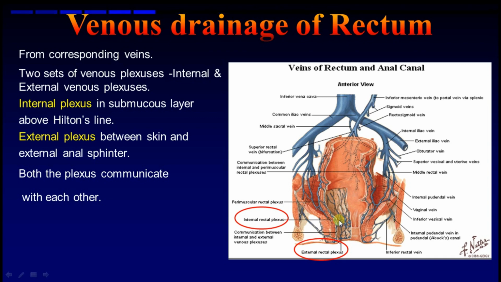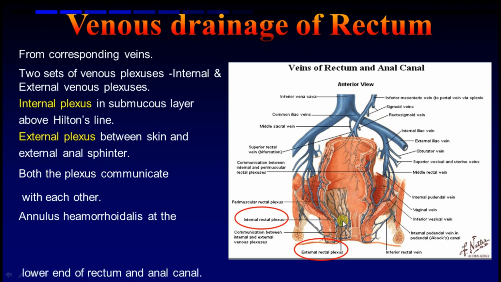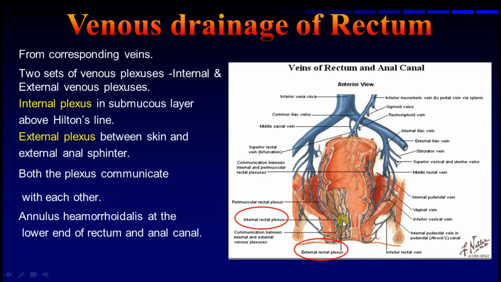From the internal venous plexus, they drain into the superior rectal vein. This internal rectal venous plexus is also called annulus hemorrhoidalis, which is situated at the junction of the rectum and anal canal, the anorectal junction. Okay, so internal rectal venous plexus, also called annulus hemorrhoidalis.